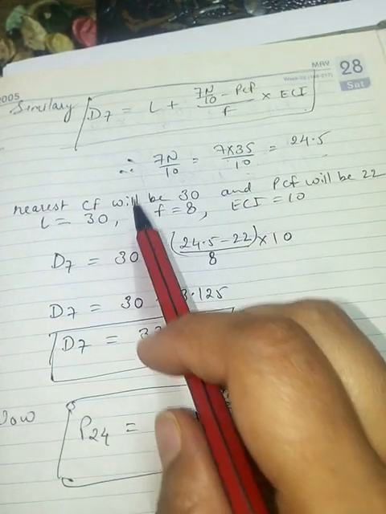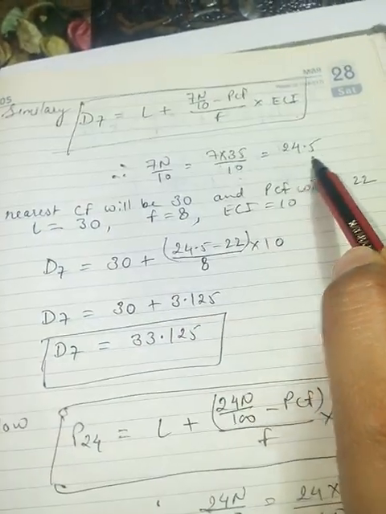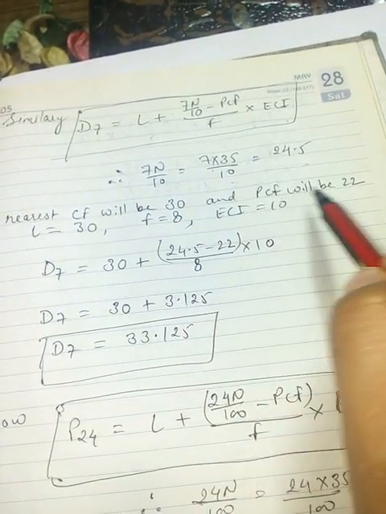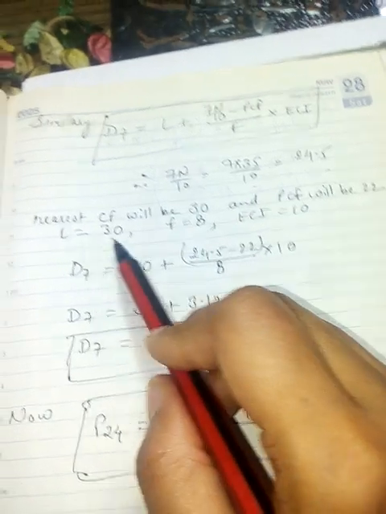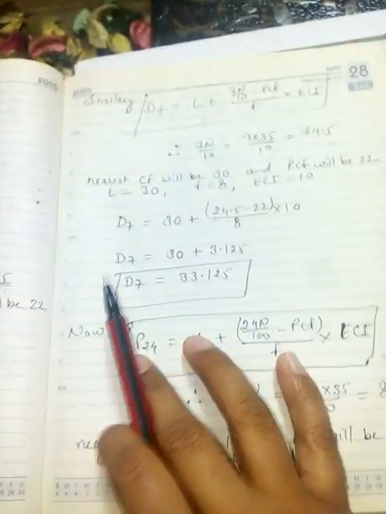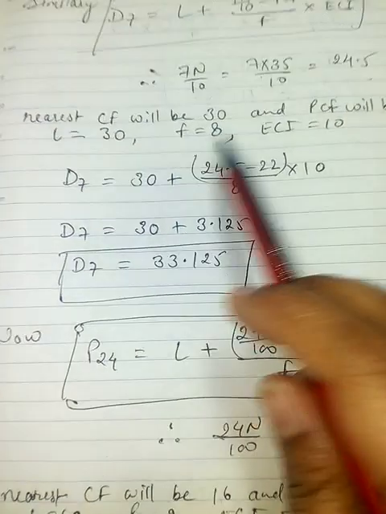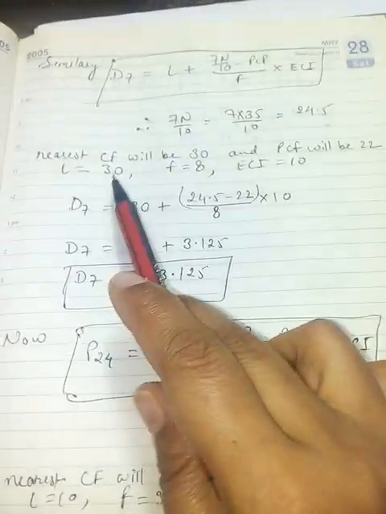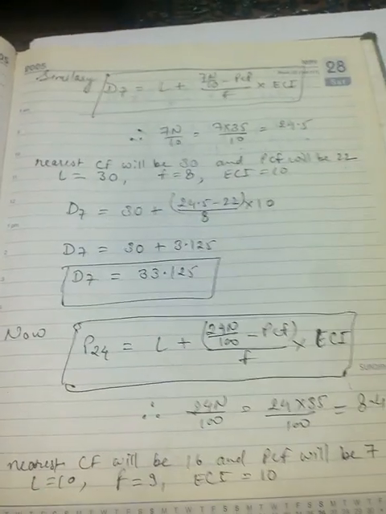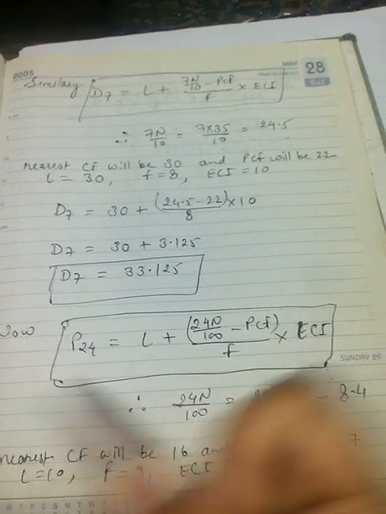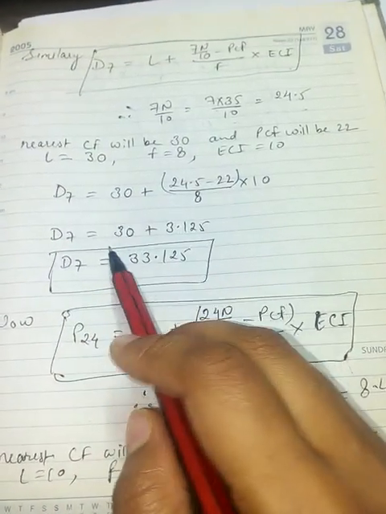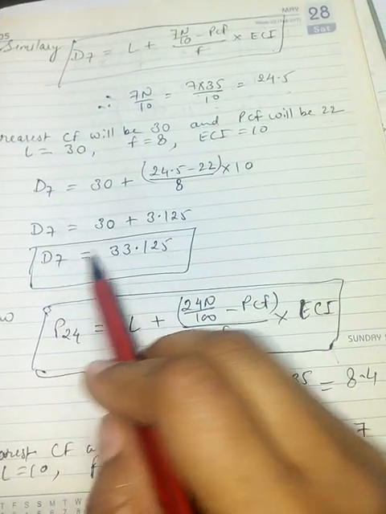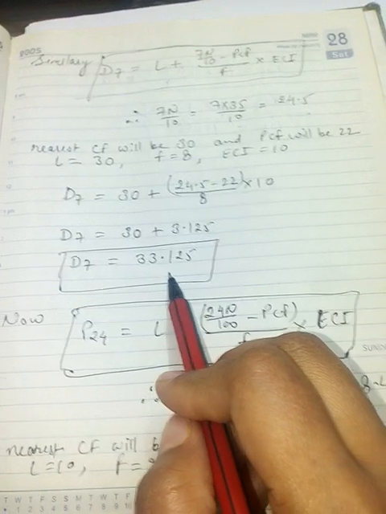The nearest cumulative frequency for 24.5 will be 30, and PCF will be 22, the value of L will be 30, F will be 8, and ECI will be 10. Here I'll substitute all these values in the formula. D7 will be 30 plus, we'll calculate it, 3.125. So D7 will be 33.125.